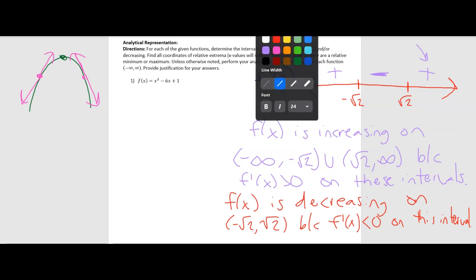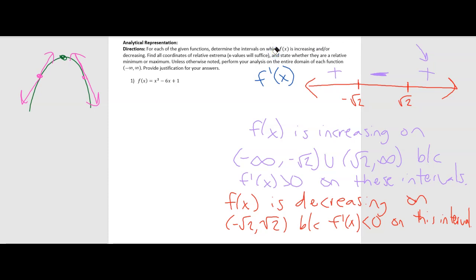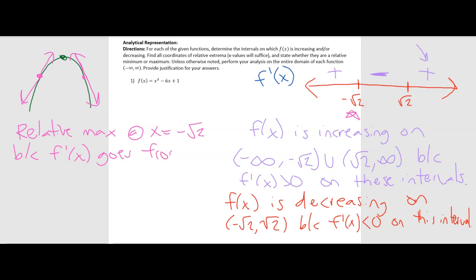Well, there is, and it's right at x equals negative root 2. So relative max at x equals negative root 2, because f prime of x goes from positive to negative.